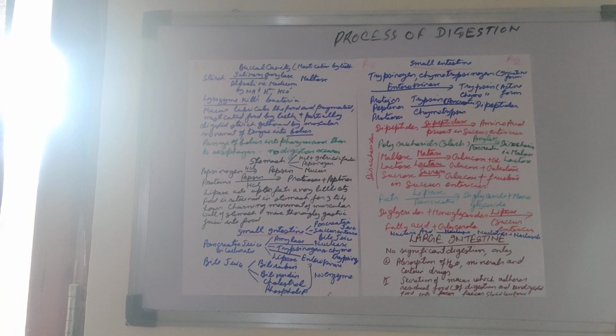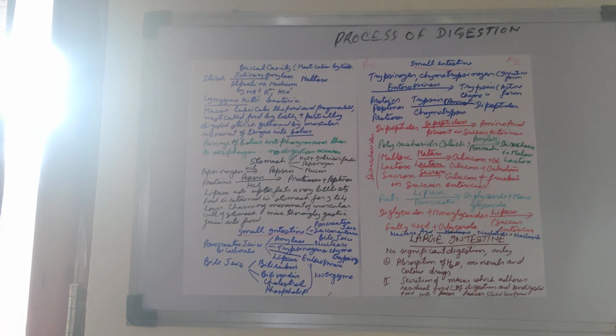So all the digestive products are carried by the blood. This is all about absorption. Water is also absorbed in the small intestine.